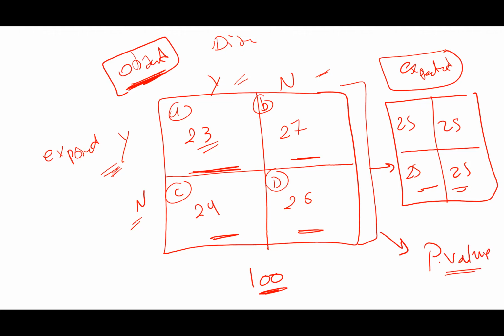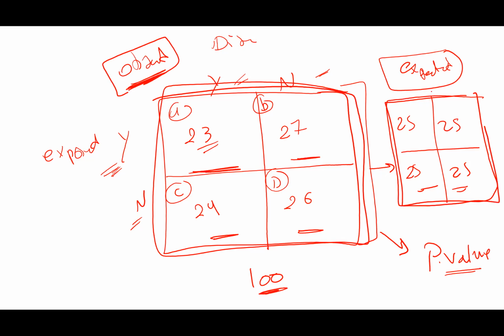The p-value will tell us if the observed table is actually different from the expected, the perfect table, or not. More than 5%, same. Less than 5%, not the same. They're different. Simple, right?